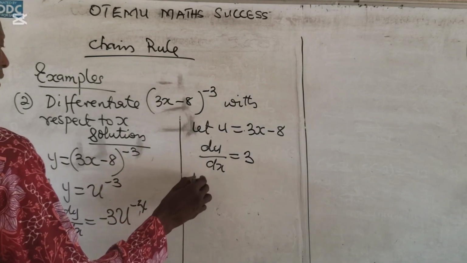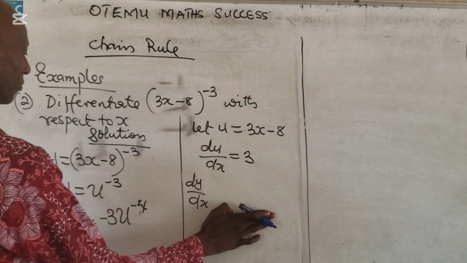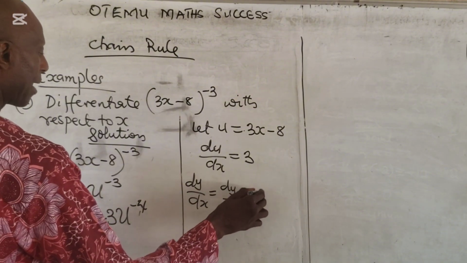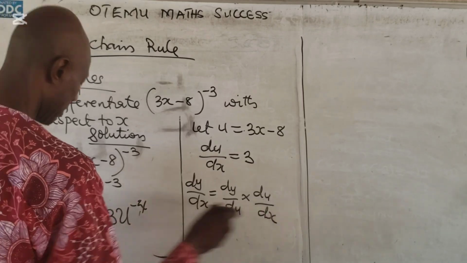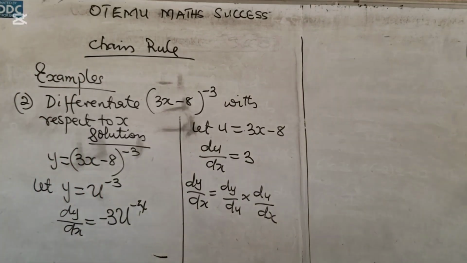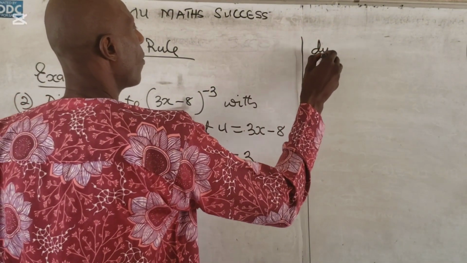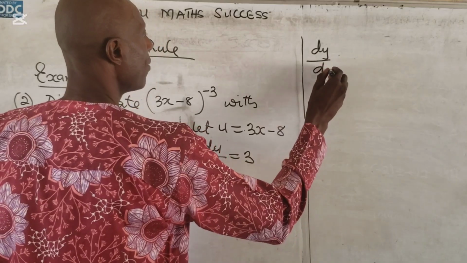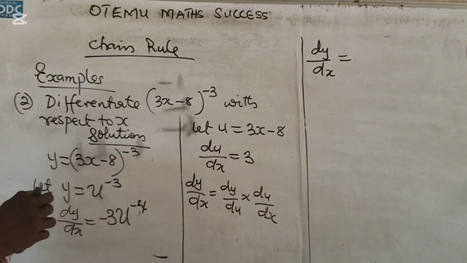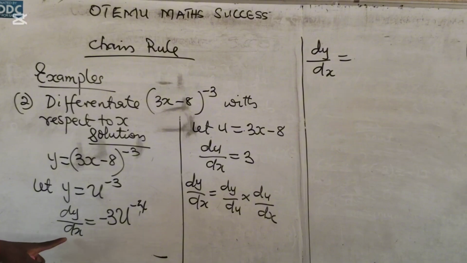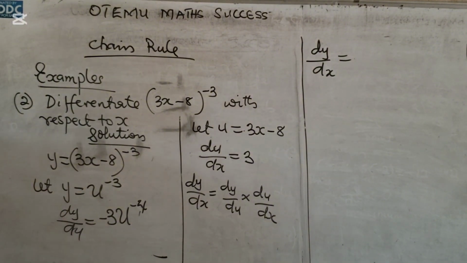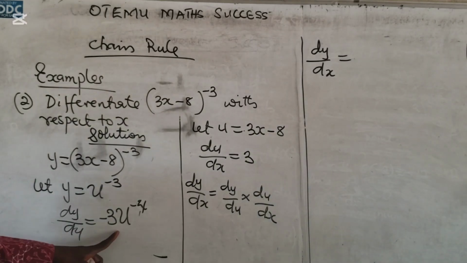So dy/dx is equal to dy/du times du/dx. Let's substitute. What is dy/du?